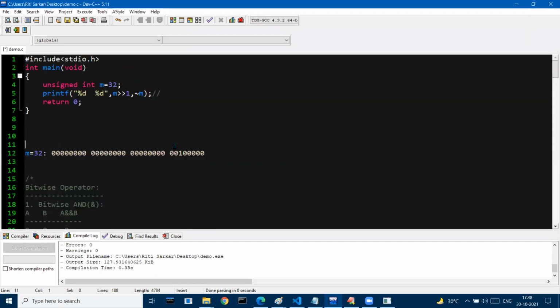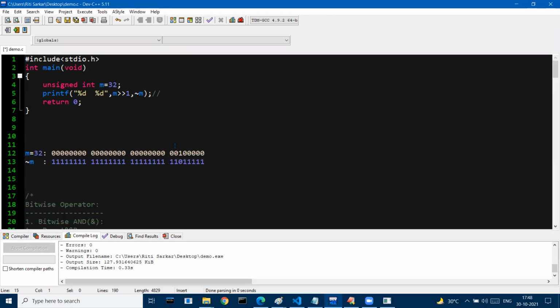Complement. Complement of m is equal to 1 1 1 1 0 1. Is this the answer?